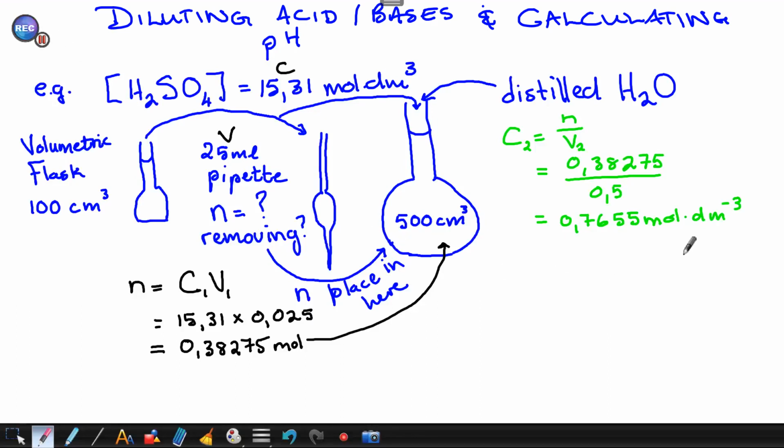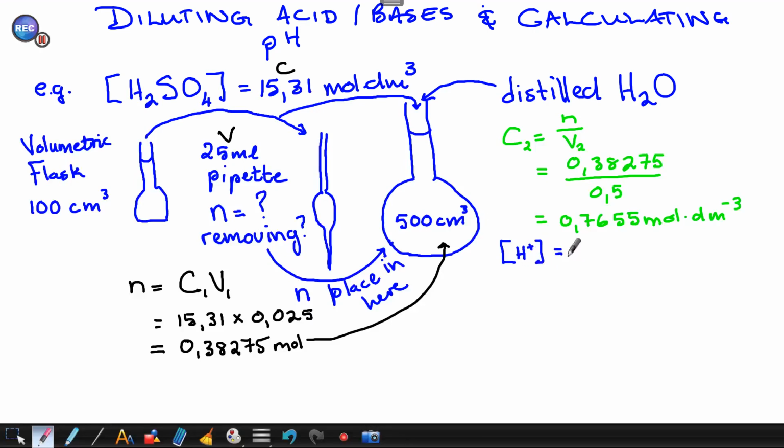Once we've got the concentration of the diluted solution, we can calculate the pH. But there is a snag, because sulfuric acid is diprotic and it is a strong acid. It will give 2 protons. So what is the concentration of the hydrogen ions in the solution?